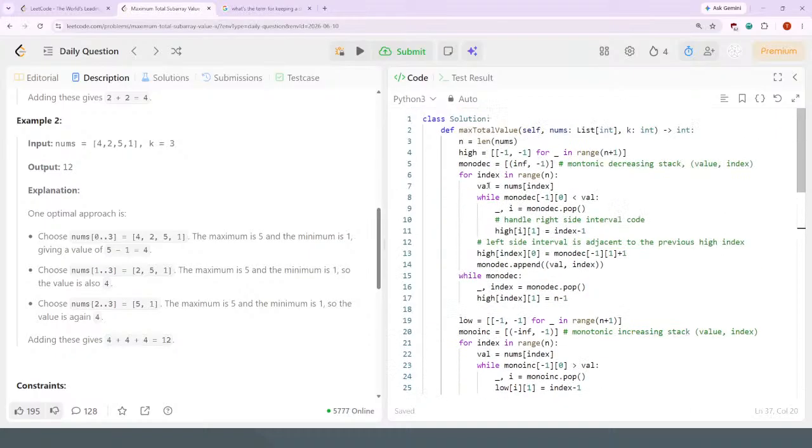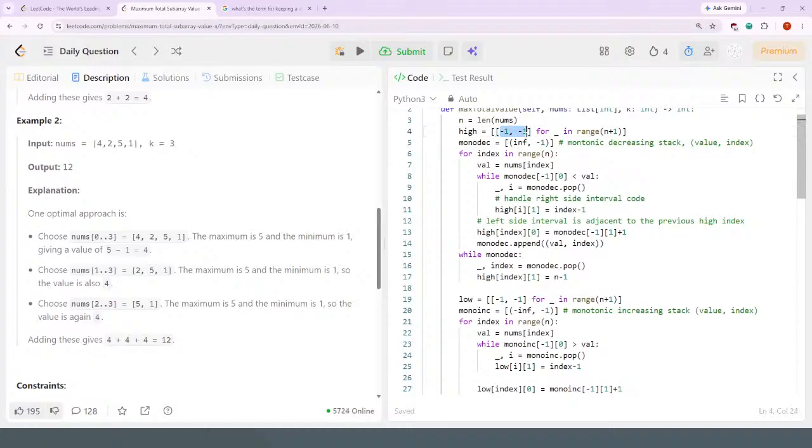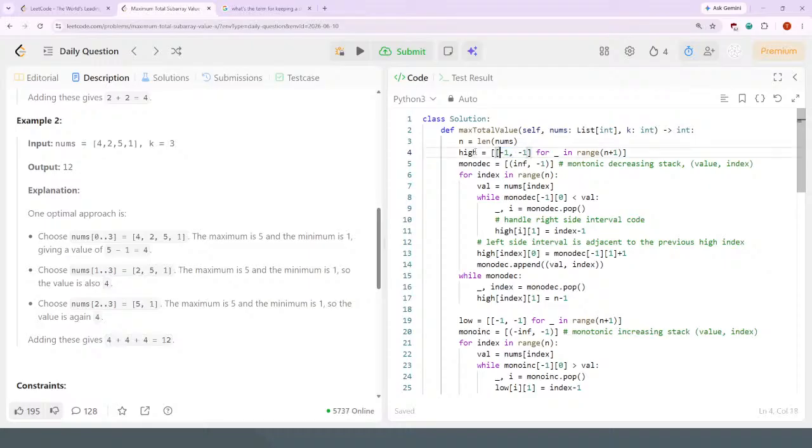Okay, I'm thinking. Probably want to have the information about the value in the high thing here.